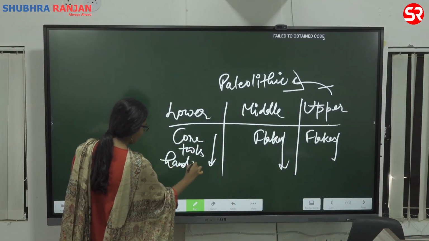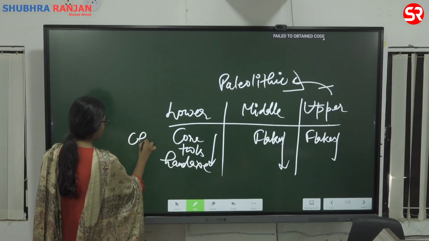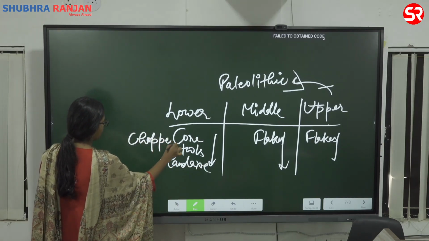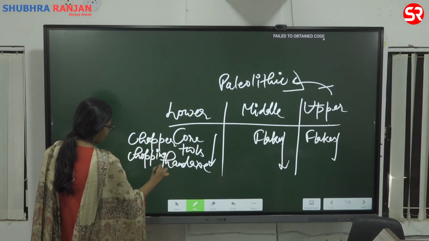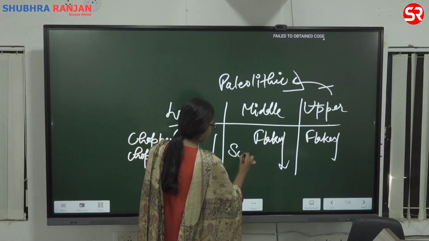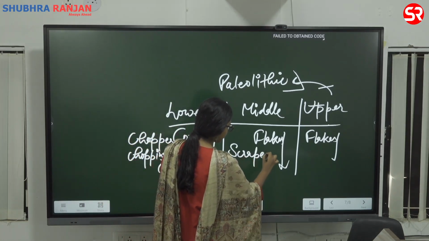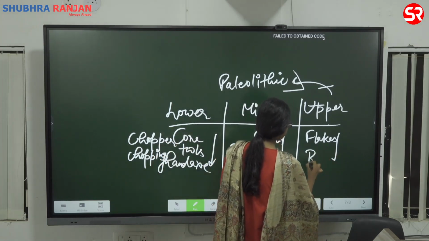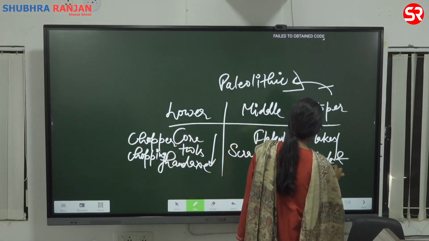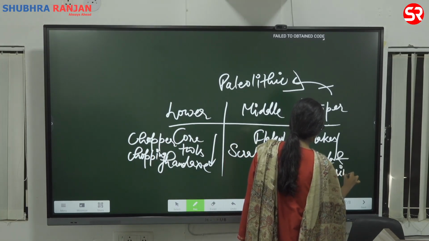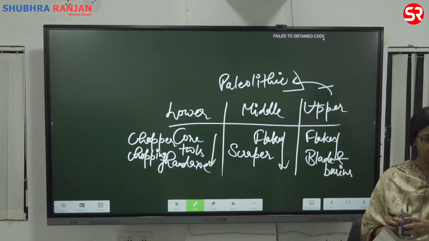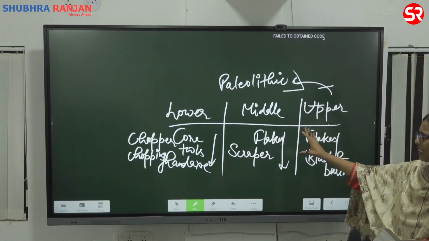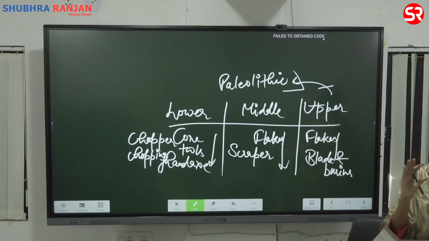That is the hand axe. Chopper, chopping, scraper, blade and burins. So largely what we have to remember is that in the Paleolithic age all these tools are there. Chopper, chopping tools are there, hand axes are there, scrapers are there, blade and burins are there.